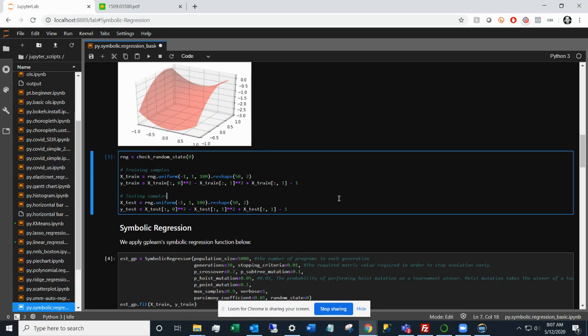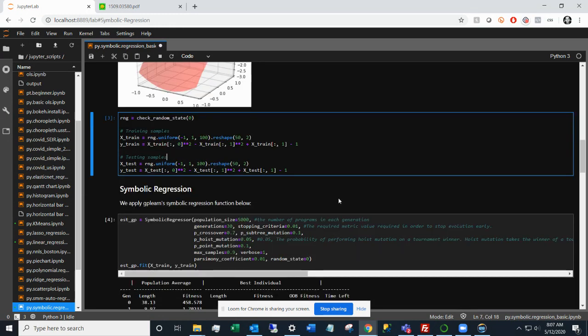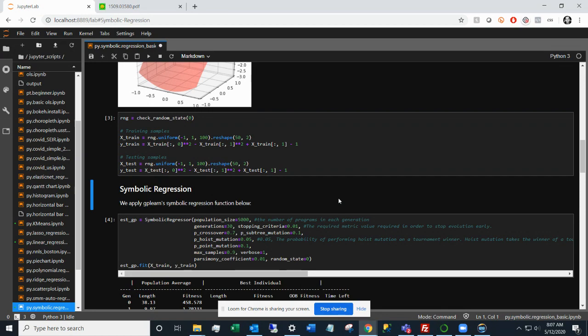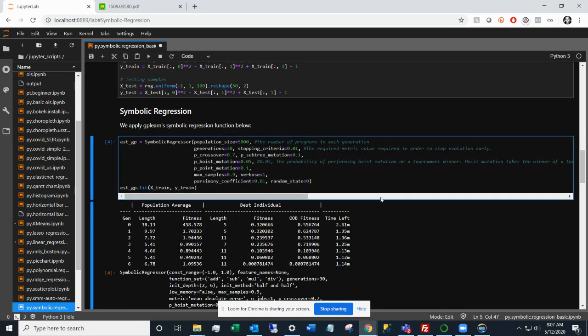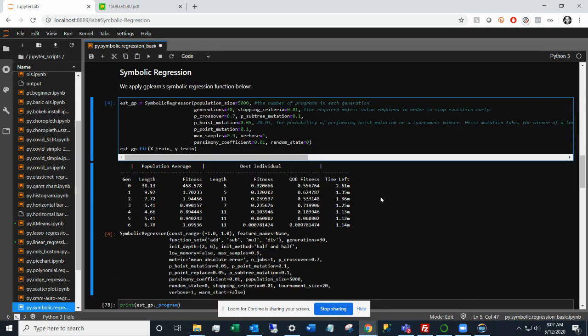So in the next one, we are generating some training samples and some testing samples. And then in this step, we are running the symbolic regression function or algorithm.